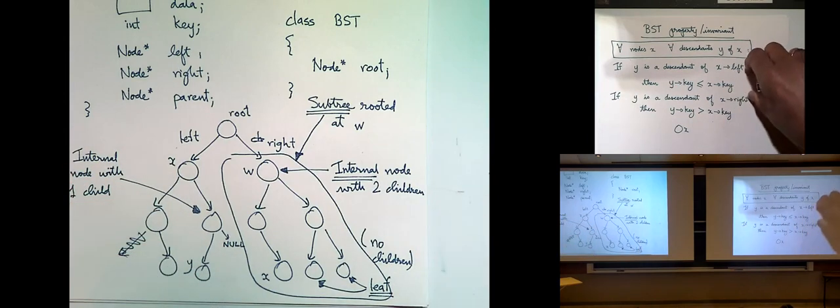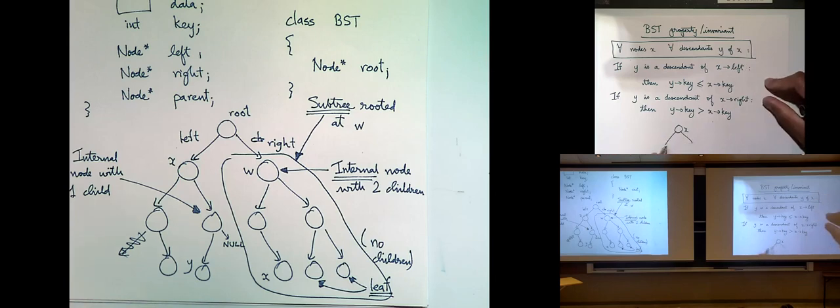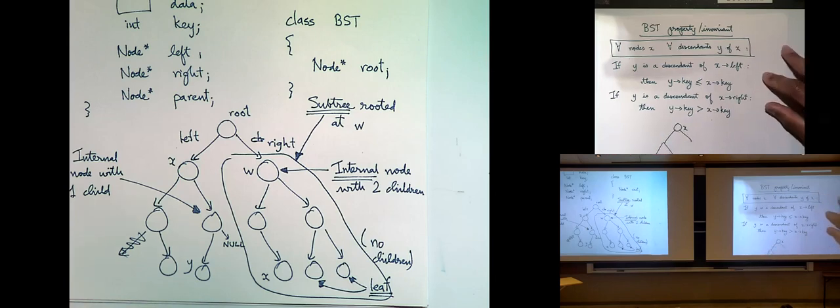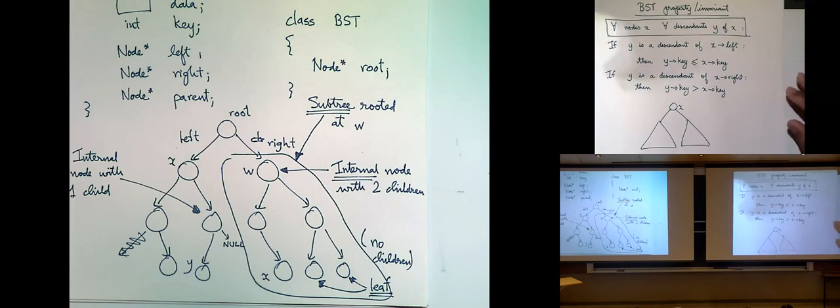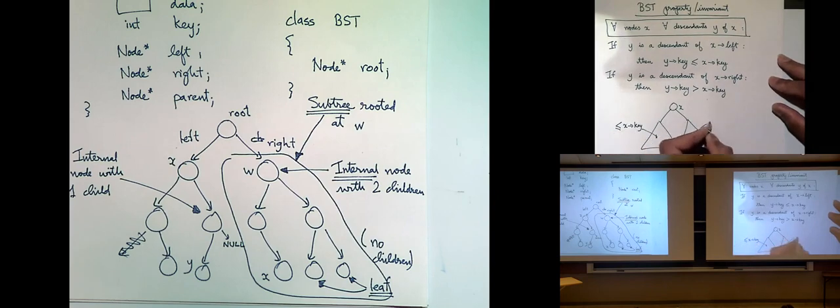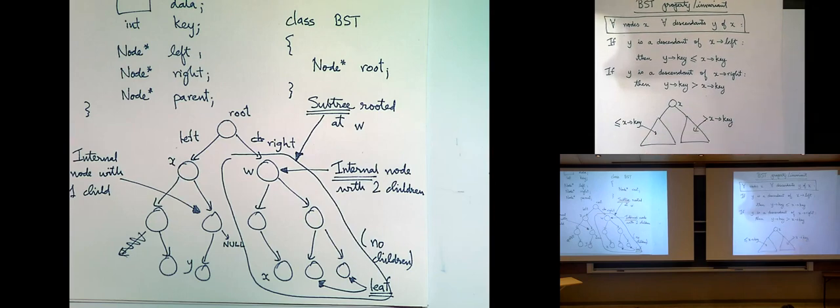And this is the constraint that's given. So pictorially, if you look at the two children subtrees, this is less than the key, and this is more than the key. Right? Does that make sense?